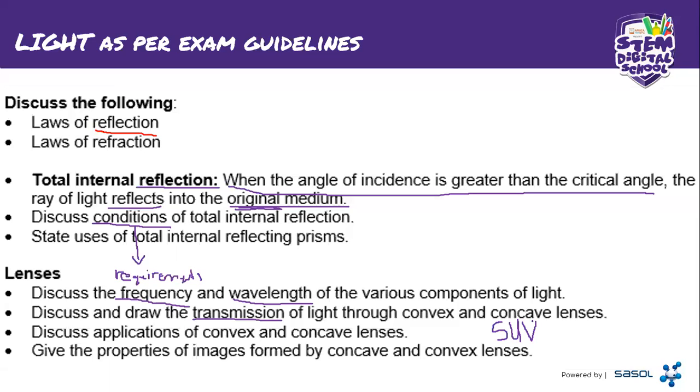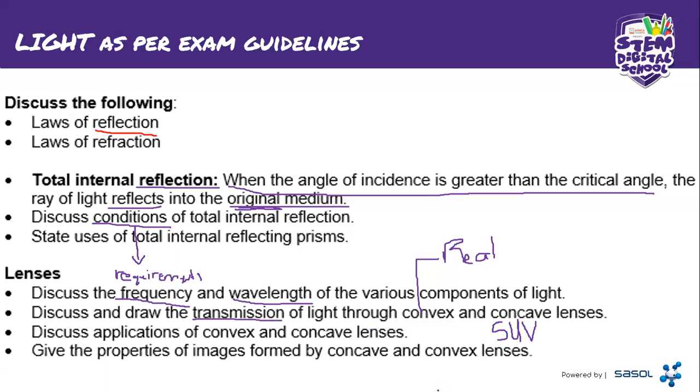Because the light rays never meet altogether. Remember that. So the properties of that image is that it is smaller than the object, it is upright, and it is a virtual image. With convex lenses, we know the image is real because the light rays converge at the focal point. They are going to meet.